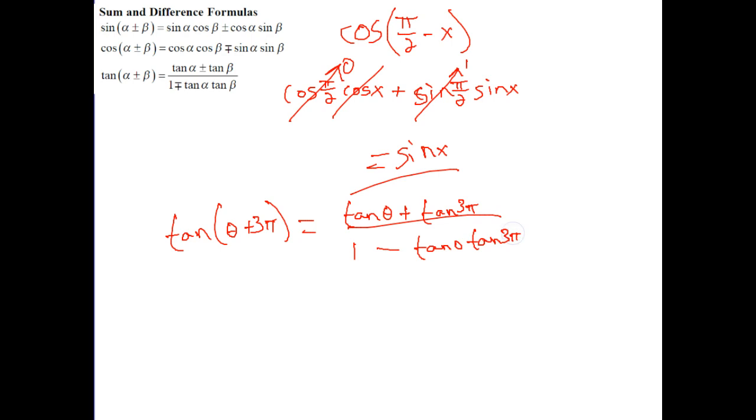The theta is a variable, so that's not going to change. But what is tangent of 3 pi? Tangent of 3 pi is 0, so this goes away to 0. And then this goes away to 0, and 0 times tangent theta is 0, and 1 minus 0 is 1. And so we're left with just tangent theta. What this tells us is that tangent of the quantity theta plus 3 pi, that has no effect on it. We can still just take tangent of any theta. Whether we add 3 pi to it or not, it will not change its value.